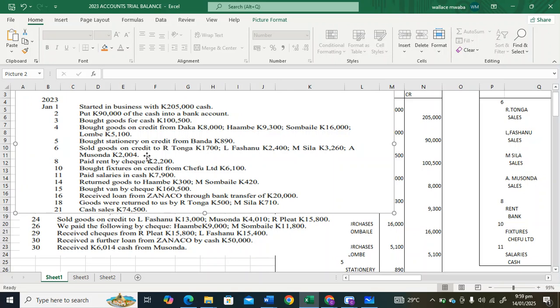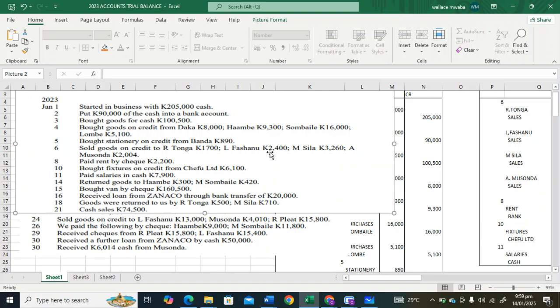You're going to debit all of these people and you'll be crediting sales in each of the transactions. So you debit Aratonga 1,700, credit sales 1,700. You debit Elfashan 2,400 and you credit sales 2,400. Remember the accruals concept in accounts. Even though you haven't received the money or the revenue, you record.